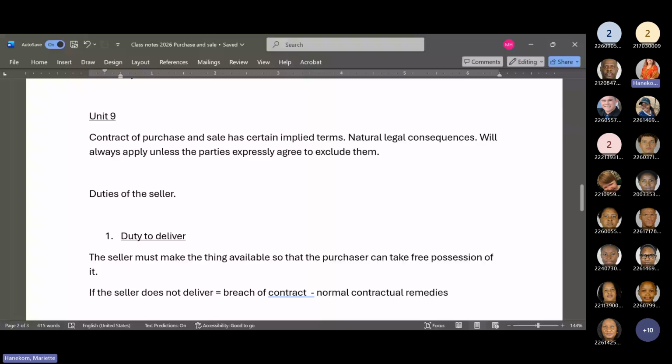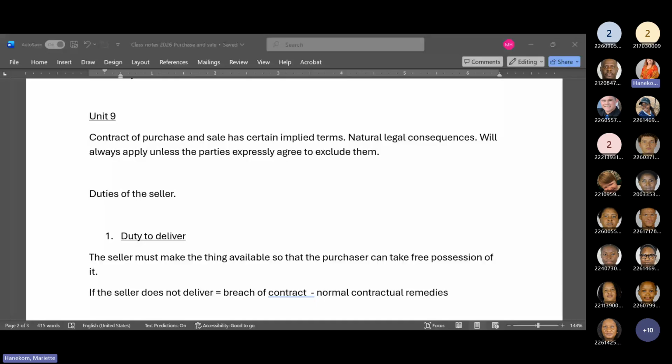If you come to me, let's see, Miss Kluter comes to me, I offer to sell her my cell phone, and she agrees to buy it for $1,000. But then I say to her, but listen, part of our contract is I cannot guarantee you that it doesn't belong to somebody else and somebody else might not come and claim it from you. She would be stupid to agree to that.